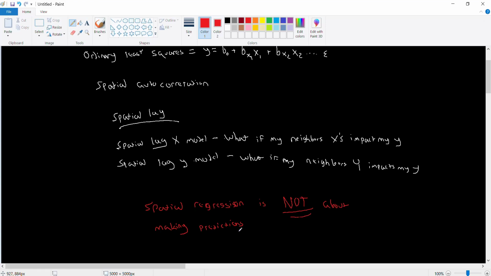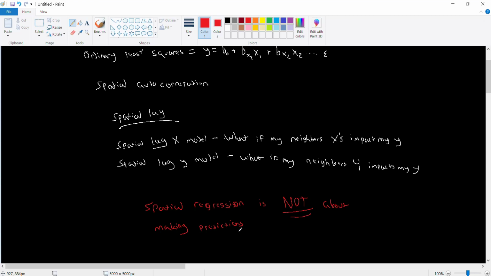This kind of makes sense. If you think back to the idea of the lagged means, where the connectivity mattered, how the polygons were arranged relative to each other mattered. So these spatial regressions are kind of dependent on that network.